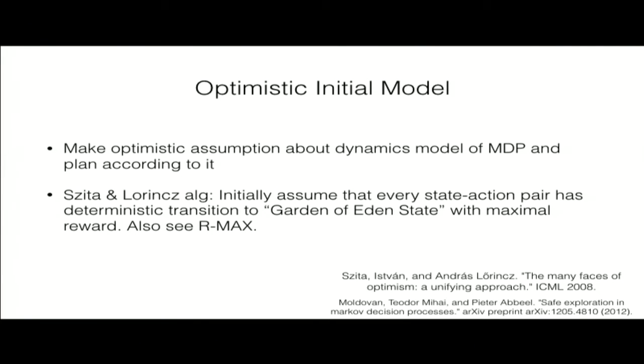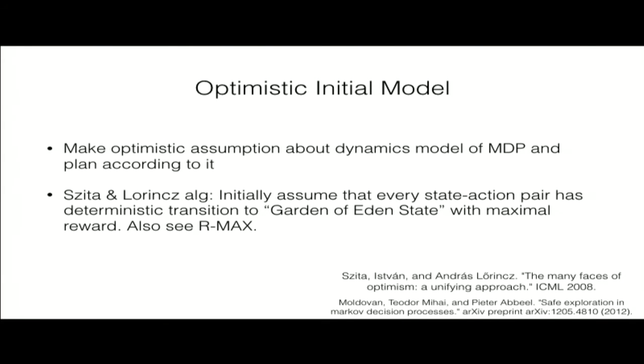Okay, so that's just to formalize what it means to talk about the sample complexity of reinforcement learning algorithms. There are a bunch of different algorithms that are able to learn in previously unknown MDPs and have efficiency guarantees, unlike, for example, Watkins Q-learning. One class of algorithm is based on optimism, just like we saw in the bandit setting.